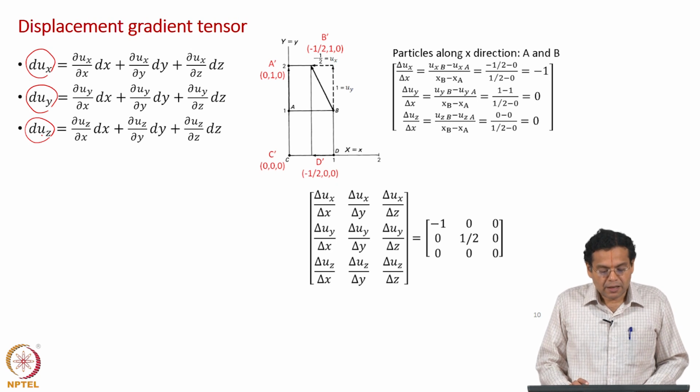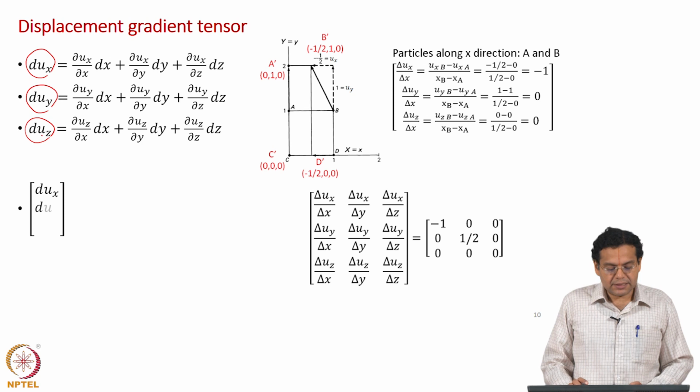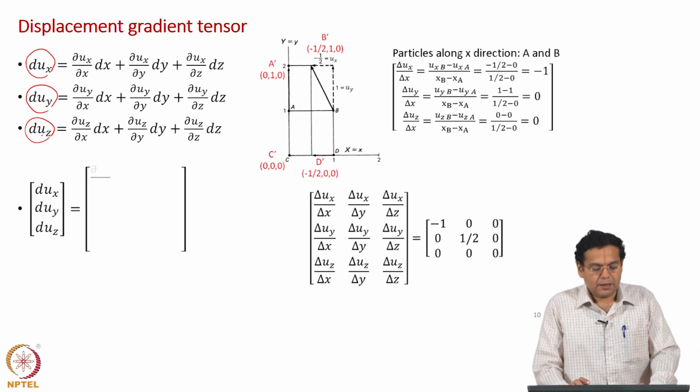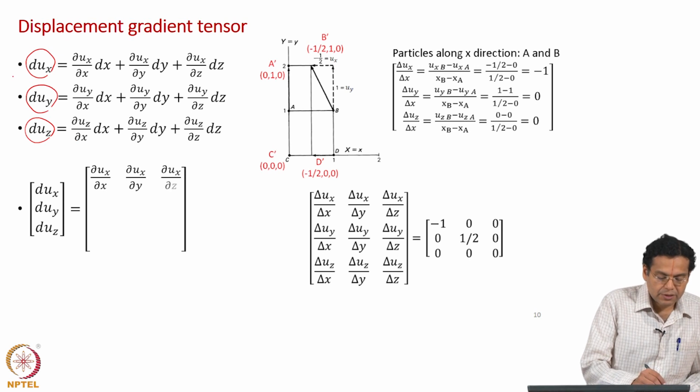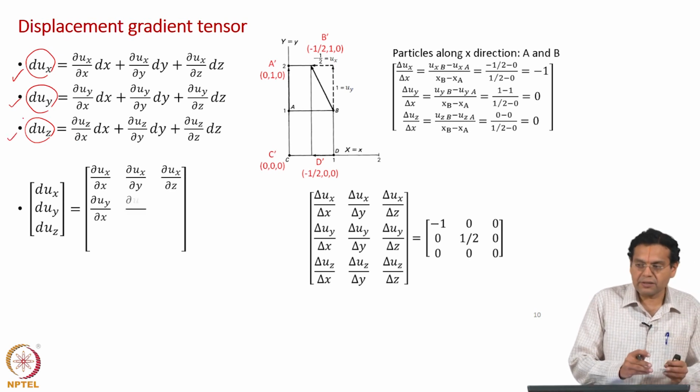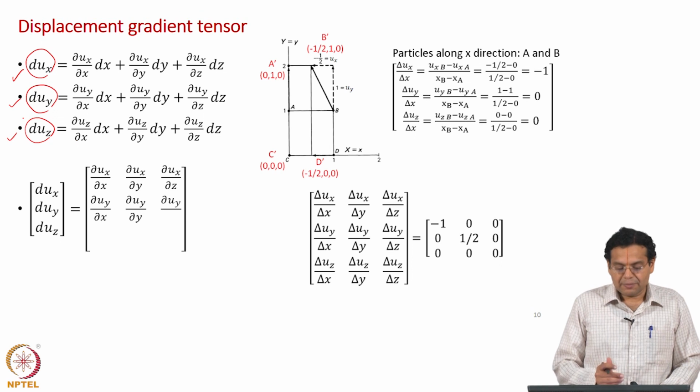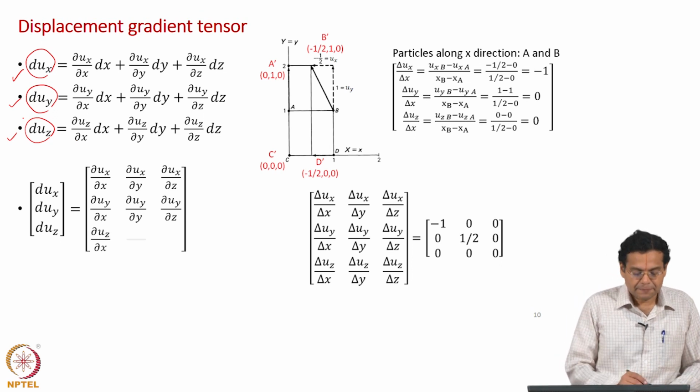Okay. Now, let us arrange this in the form of a matrix equation. I will collect all this total difference. Right now it is a differential, but I am calling it a difference.